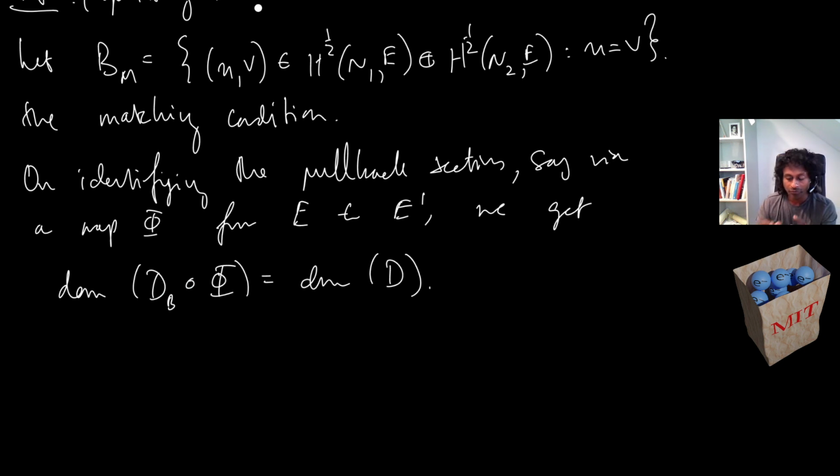Well, because we've cut along this N, but now we are using matching conditions so we can go over this N. So this is precisely just as if there was no boundary.